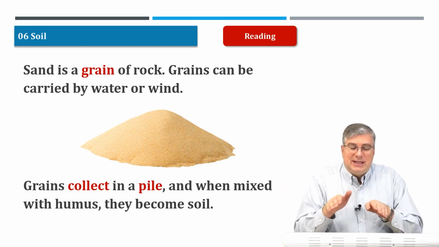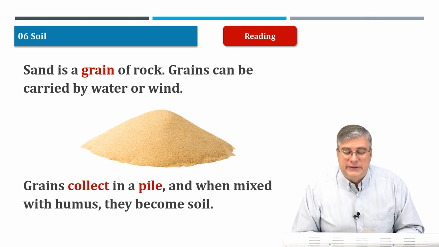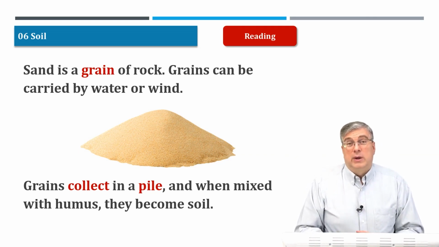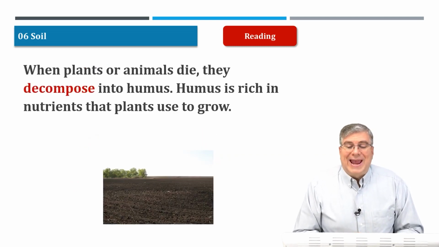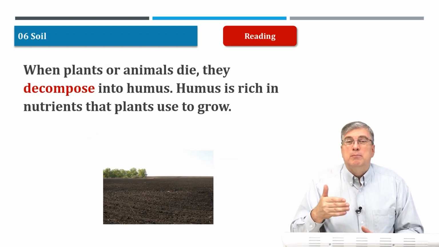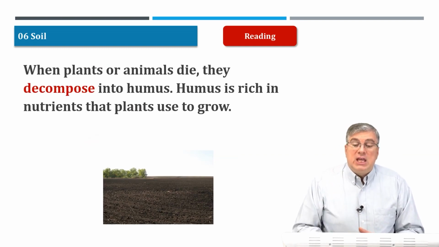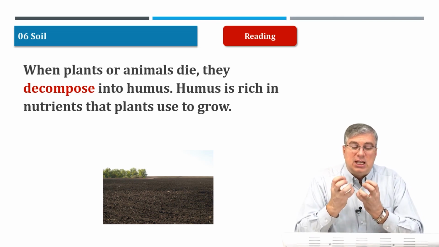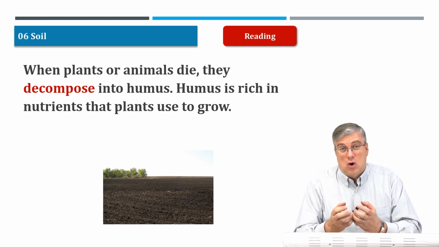Grains collect in a pile, and when mixed with humus, they become soil. When plants or animals die, they decompose into humus. Humus is rich in nutrients that plants use to grow.